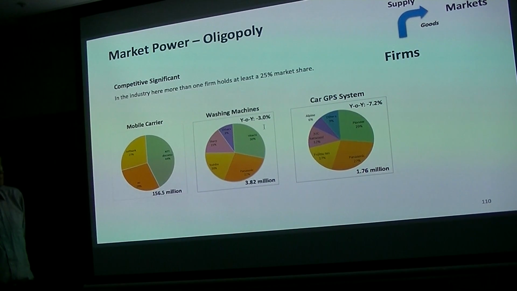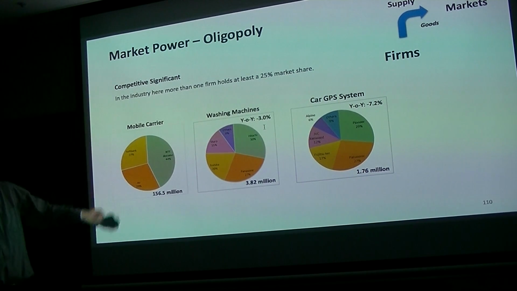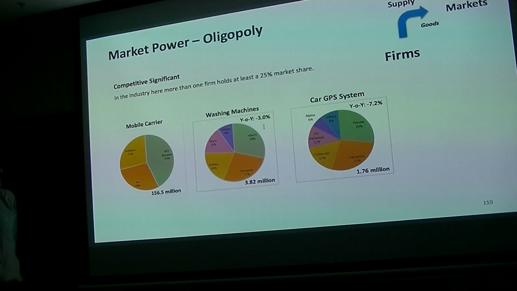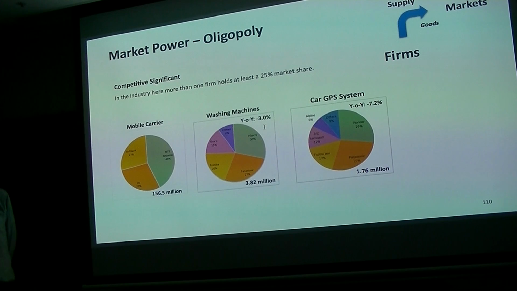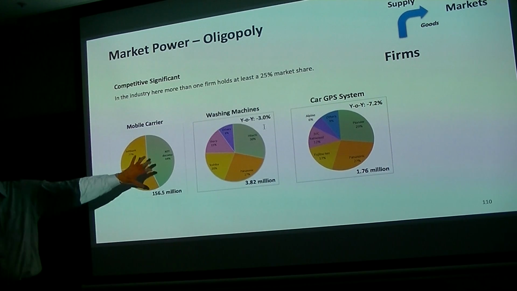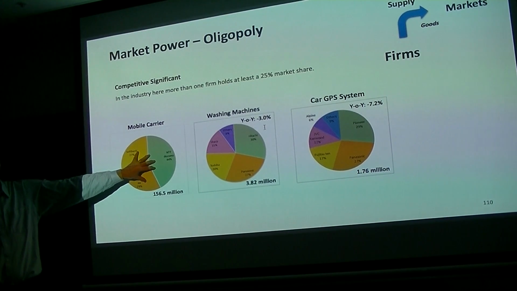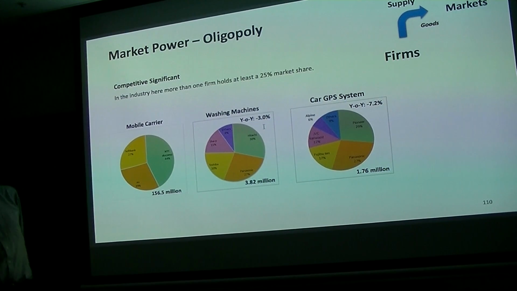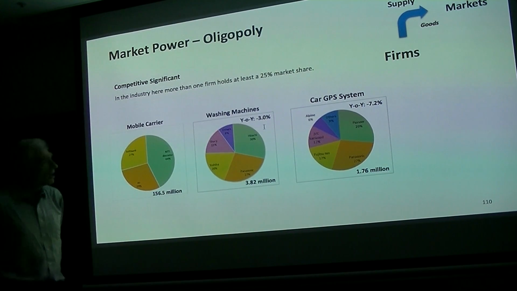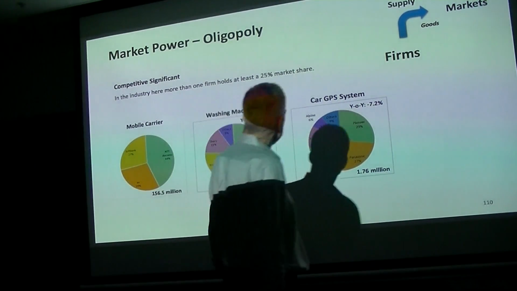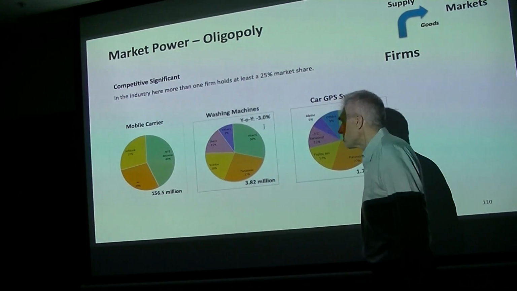The three firms, the smallest has a 27% market share. That's significant competition. That's definitely an oligopoly, but a competitive oligopoly. Washing machines, another one of these.